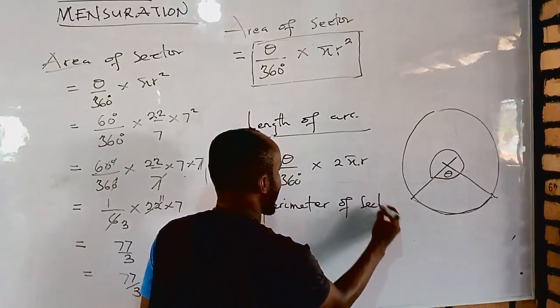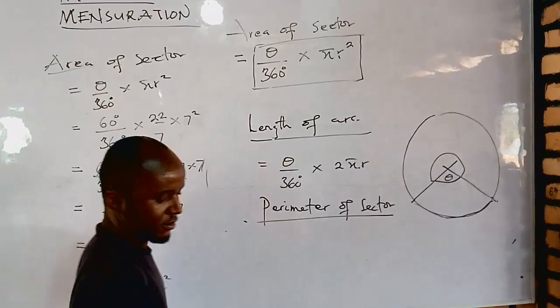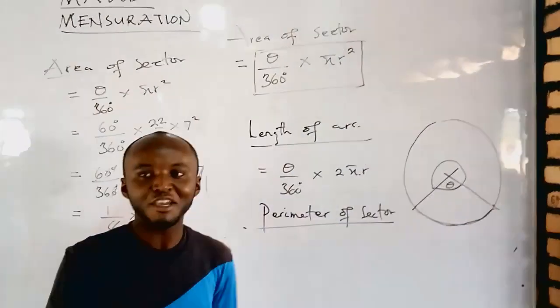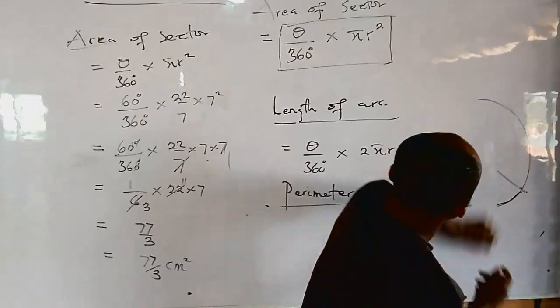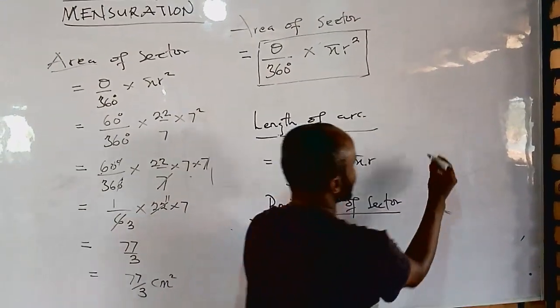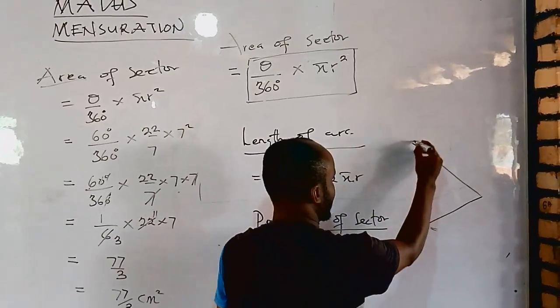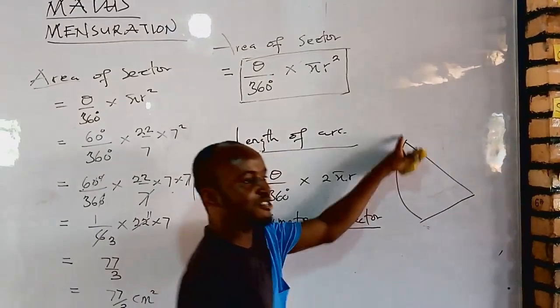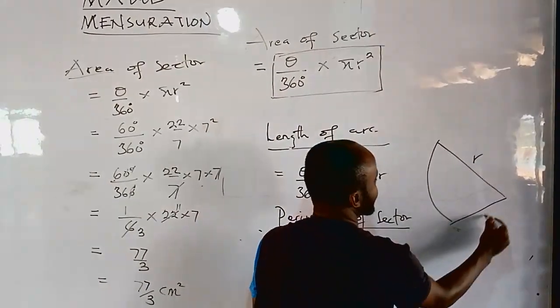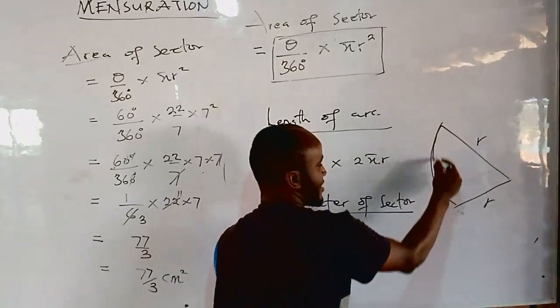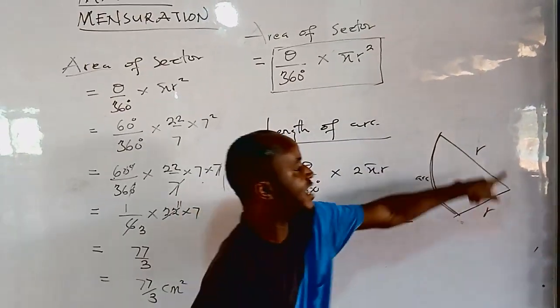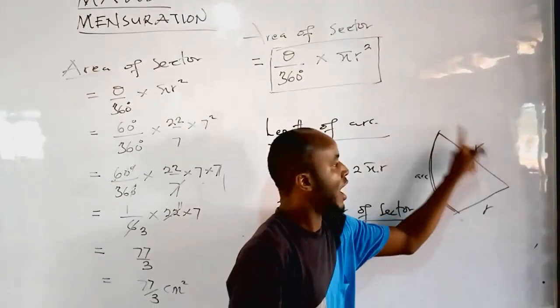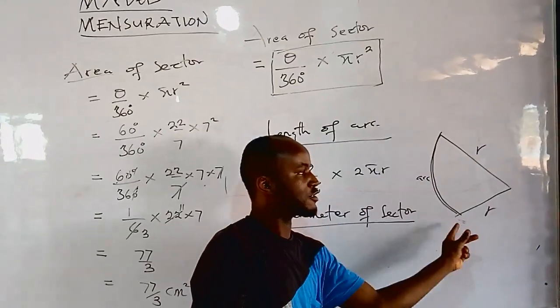Perimeter of sector. Perimeter is the total distance around the figure, you know already. So let me just take out the sector from the circle. This is the sector. Here is R, here is R, and here is an arc. So the perimeter of this sector, I will add all the distance around it: R plus R plus the length of the arc.